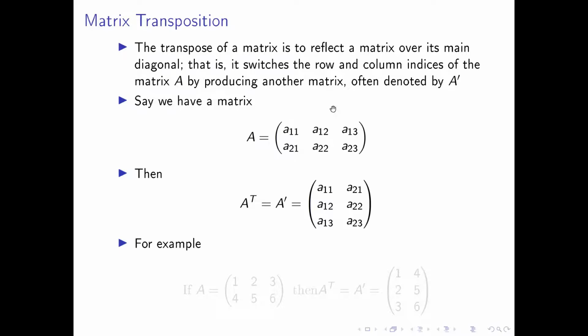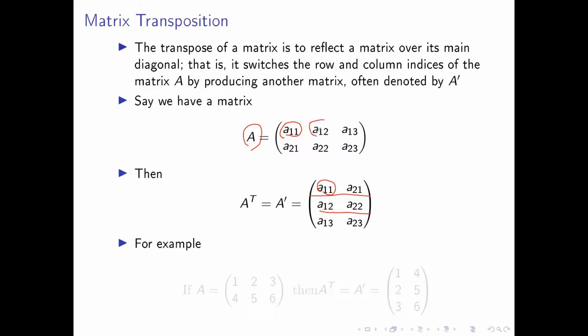After matrix transposition, we have A transpose or A T or A prime. What do we have here? Instead of having 2 rows and 3 columns in the original matrix A, now we have 3 rows and 2 columns in the new matrix. Element A11 is here.